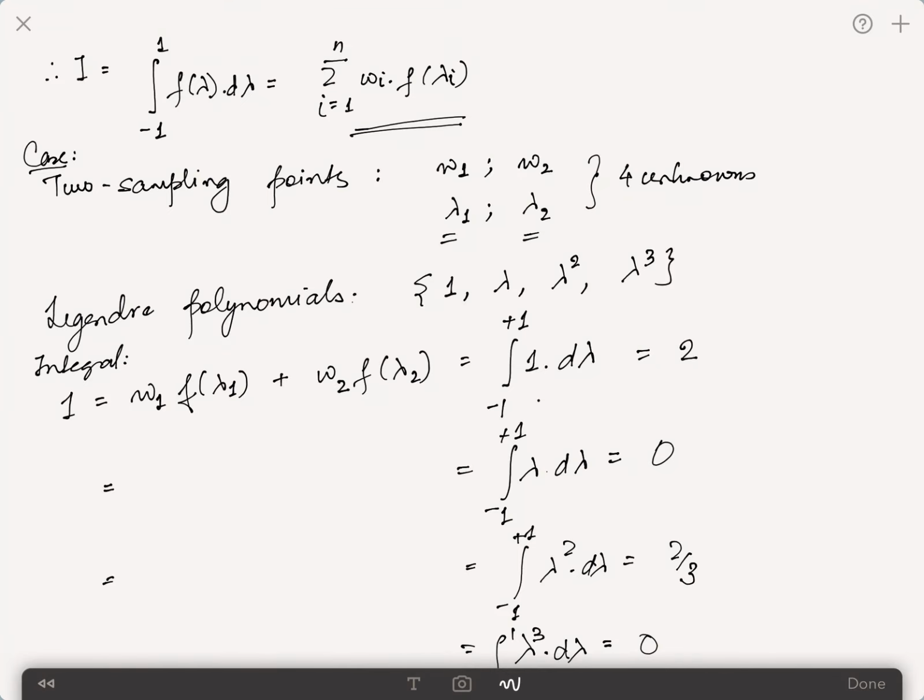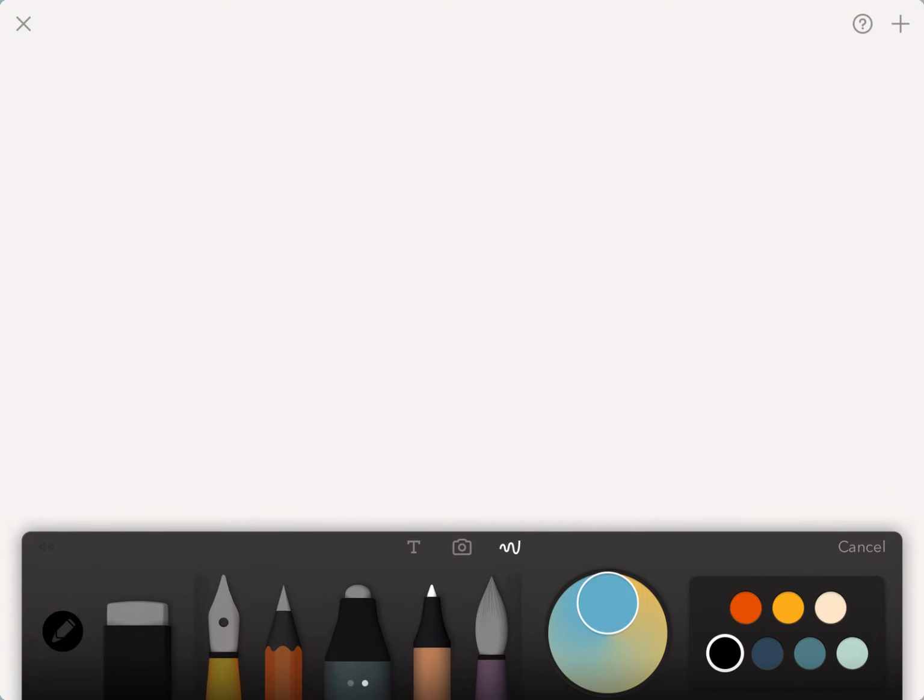If I go back to the formulation of the equation in the first place for the integral, I have the weighting function w1 at, so first I took sampling points only, defining the polynomial f of lambda. Now I can say that when the polynomial is 1, in both cases this is equal to 2.